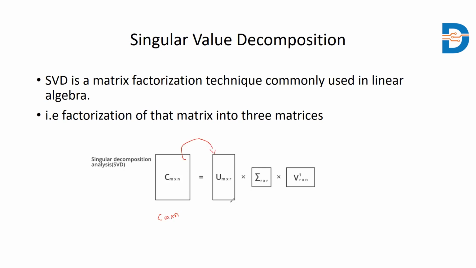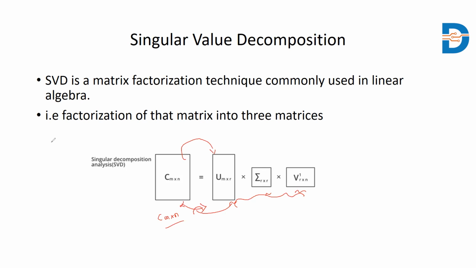This is a combination of 3 other matrices: U of m into r, sigma of r into r, and V transpose of r into n. This is called the singular value decomposition. This is not dimension reduction, it is value decomposition we are doing.